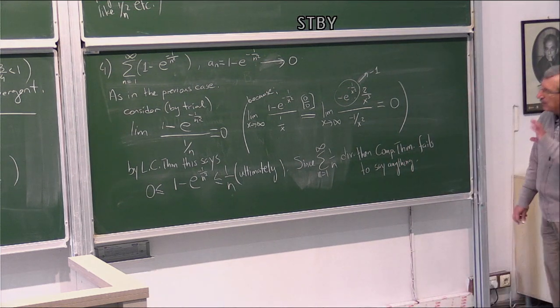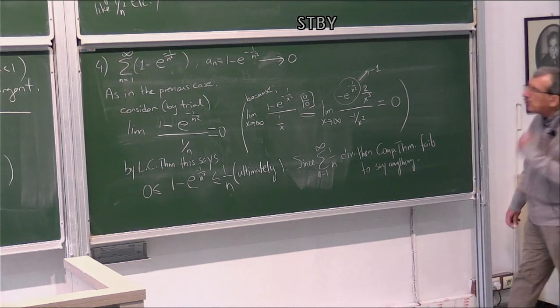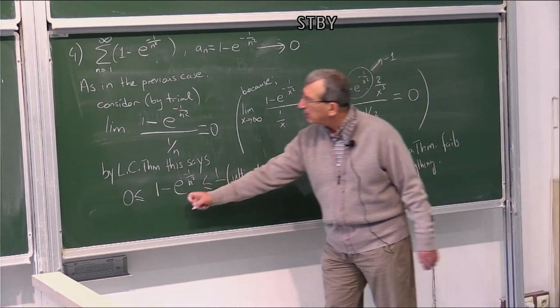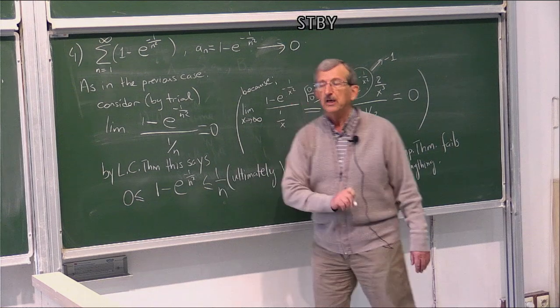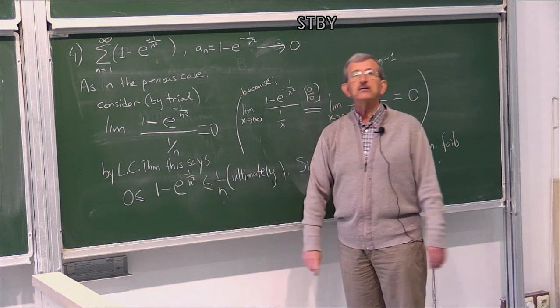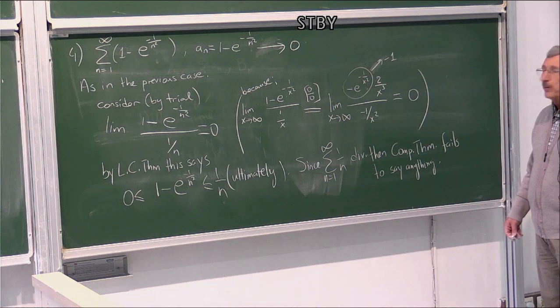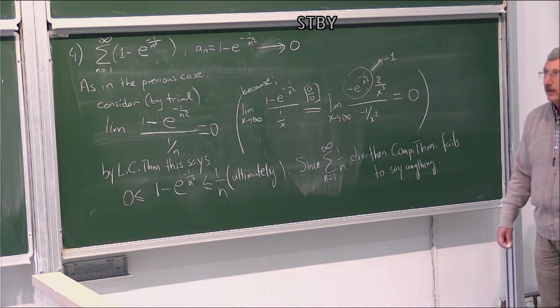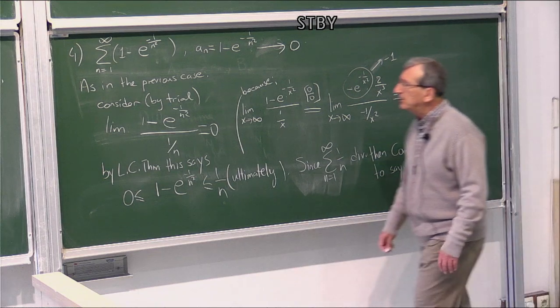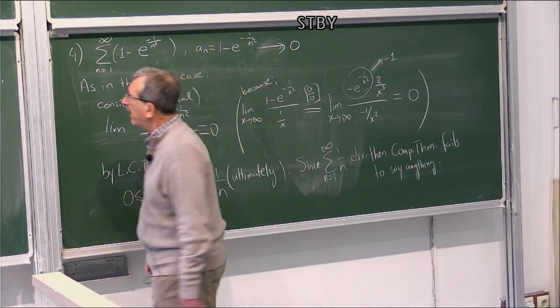Remember, in the comparison theorem, if the larger one were convergent, then the smaller one would be convergent. But if the larger one is divergent, you cannot say anything. Well, so we were not that lucky here. So our approach failed.